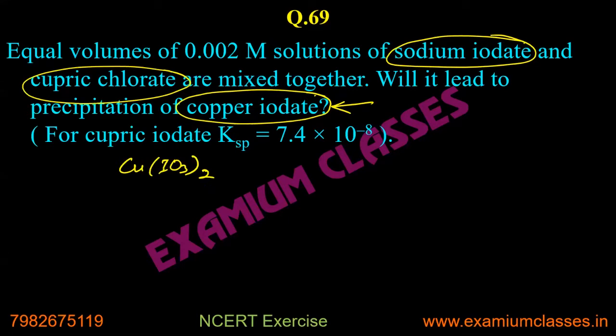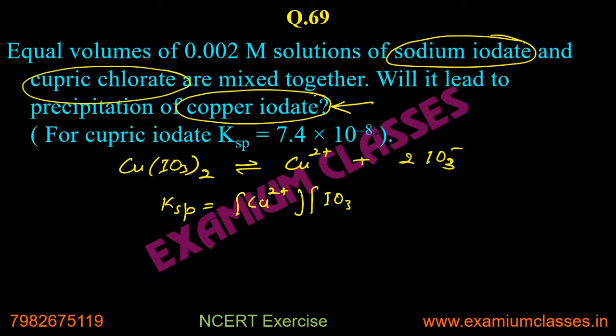You need to memorize these at least for this chapter. So this will give you Cu2 plus and twice of iodate. This means Ksp for copper iodate will be Cu2 plus and IO3 whole square.